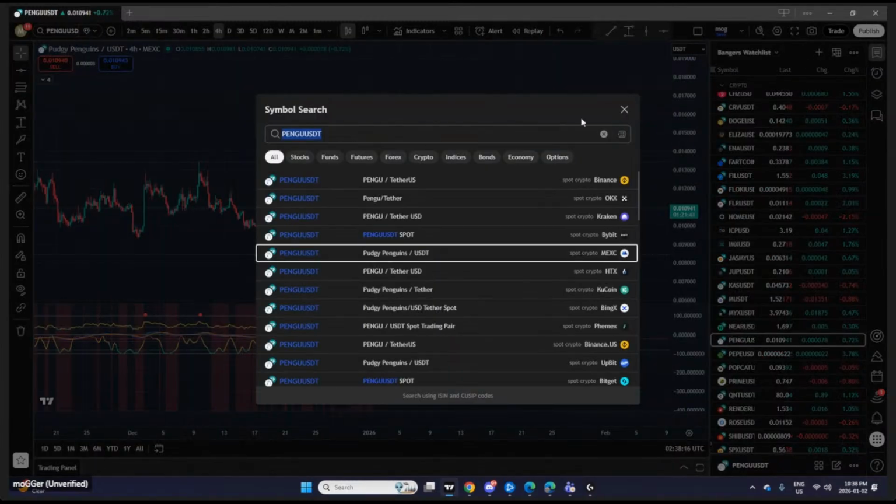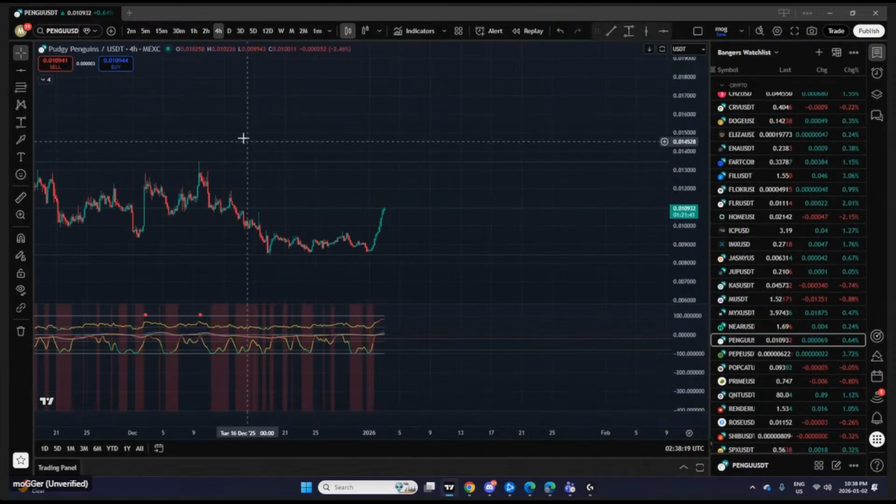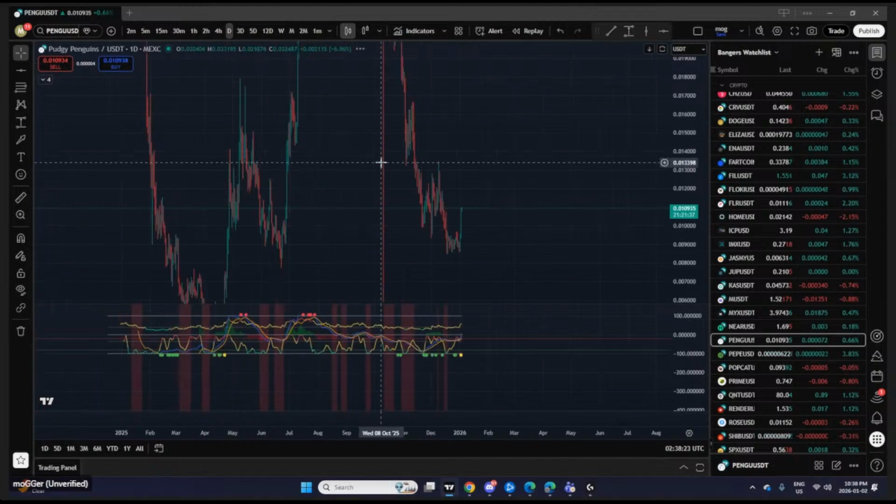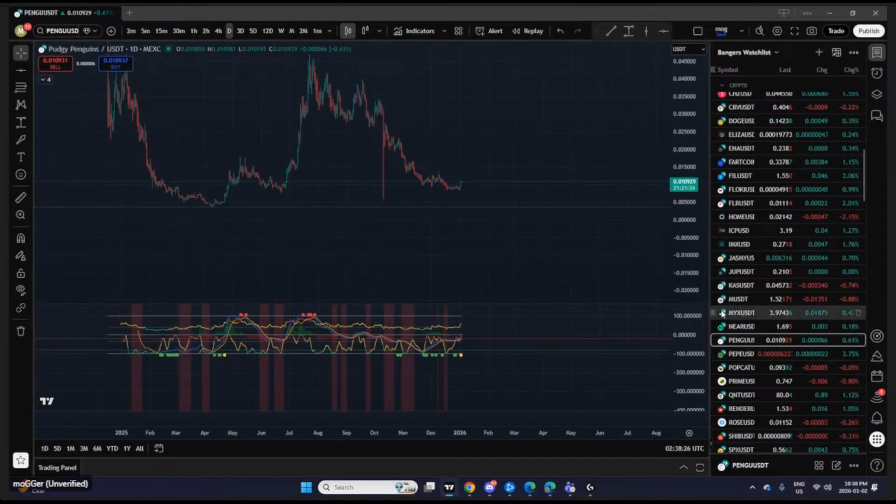But yeah, on the daily time frame on that Pengu, you were hammered with some red dots at that peak. Oh yeah, there would have been warning signs along the way.